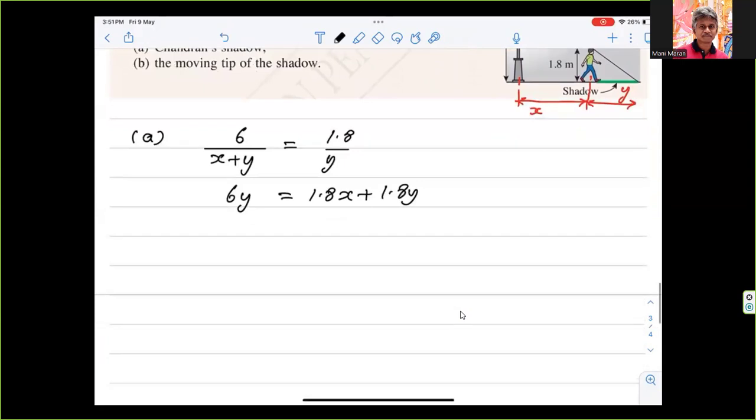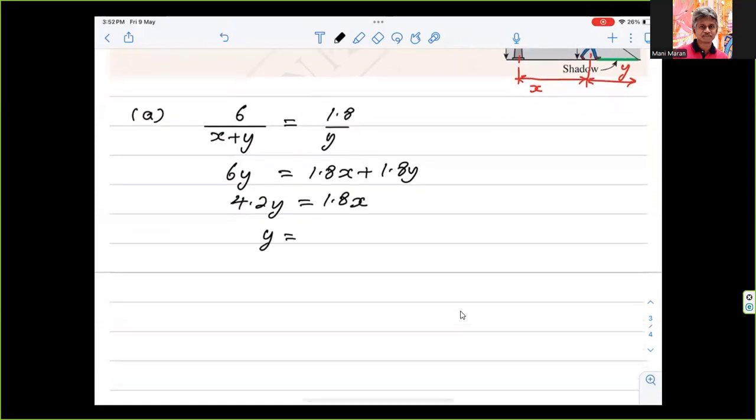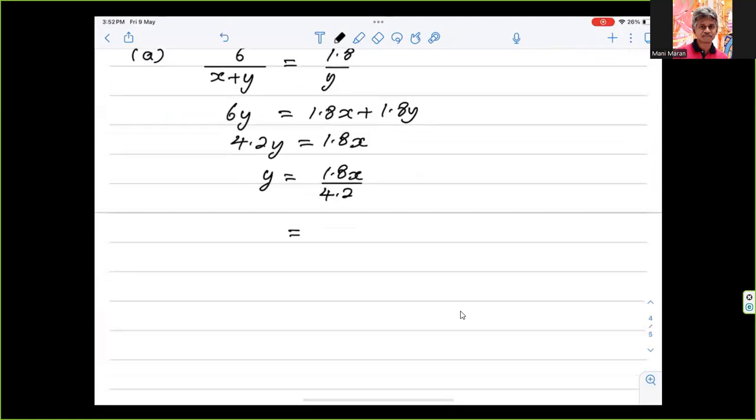Bringing the y to the left hand side, 6 minus 1.8 gives 4.2y, and on the right hand side we have 1.8x. Therefore, y is equal to 1.8x divided by 4.2, which gives 3 over 7 x.